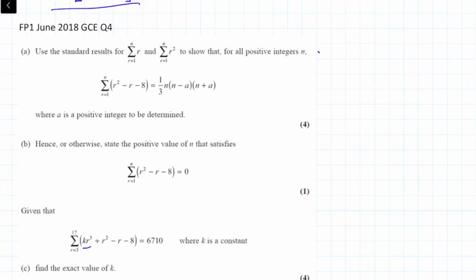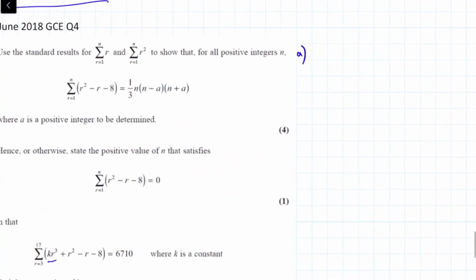Let's try. Okay, so part A then, we use our standard results. We've got to find the sum of r squared minus the sum of r minus 8 times the sum of 1.